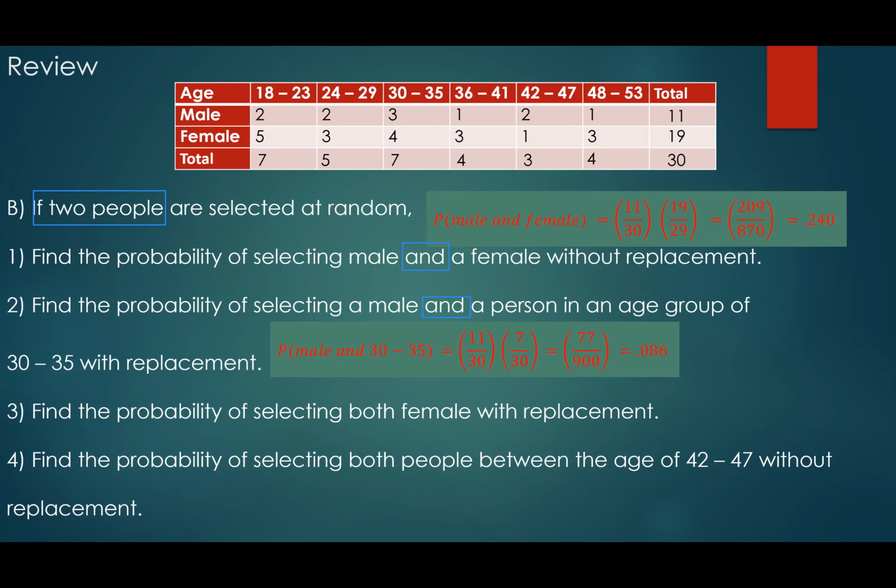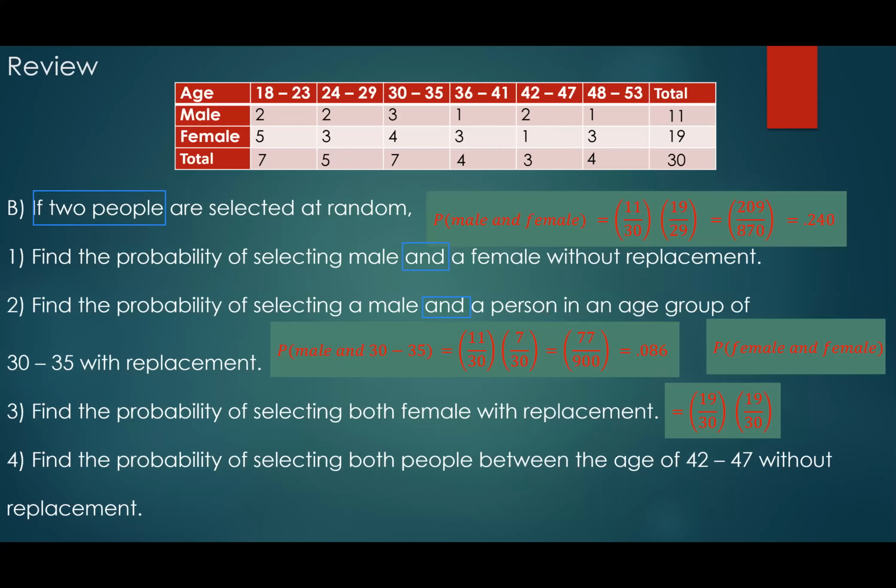Because we put her back, everybody see that the probability of a female and then another female is, first, the probability of female, which is 19/30. And the probability of the second female is again 19/30, because I replace her back. Because I replace her back, the probability is the same, which is they are independent.